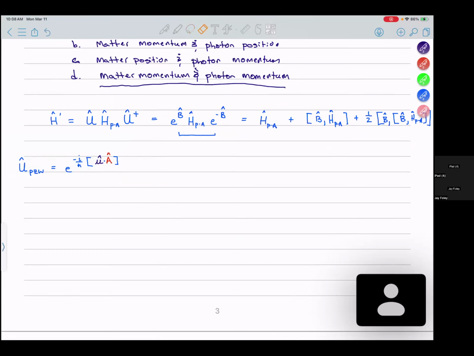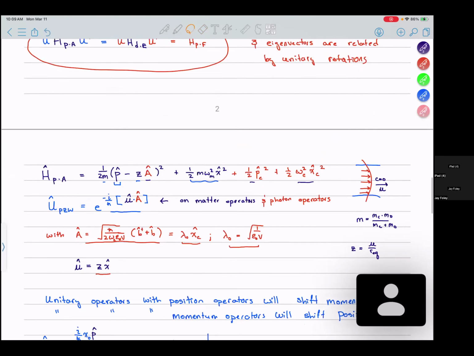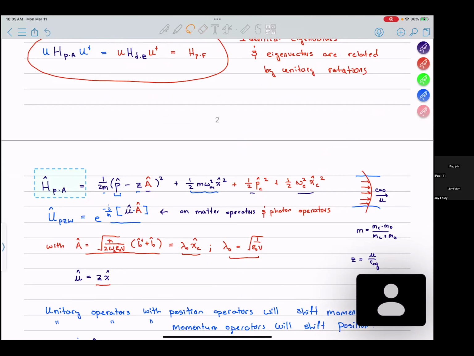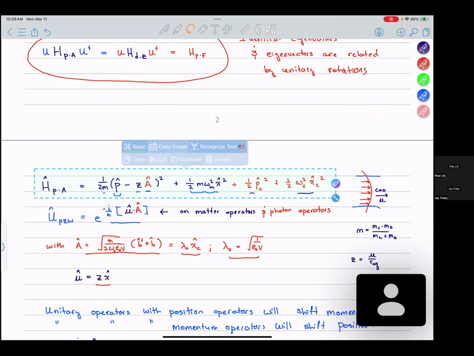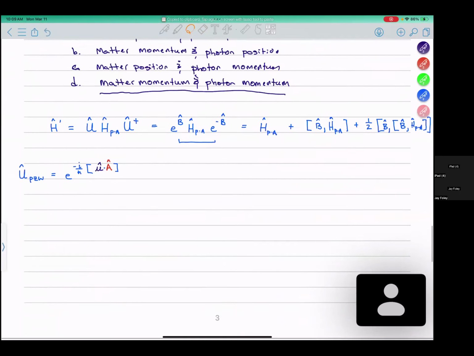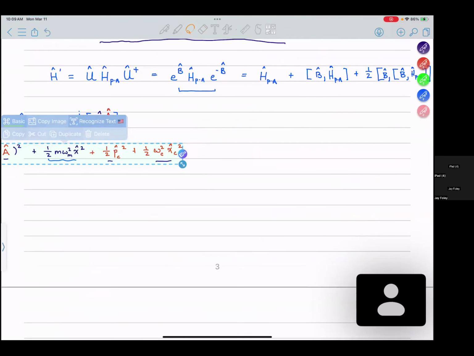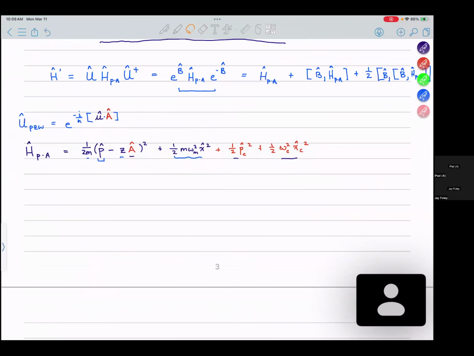How I actually choose to write B hat is going to depend on which term I am considering. Okay, so what do I mean by that? Well, I have this P dot A Hamiltonian, and it has a whole bunch of terms in it, right? And so let's actually go ahead and copy the P dot A Hamiltonian again. And what I'm going to do is consider doing the transformation of each one of these terms individually.